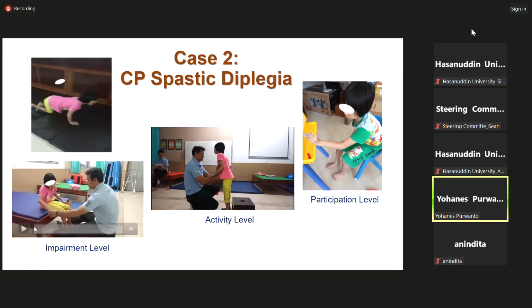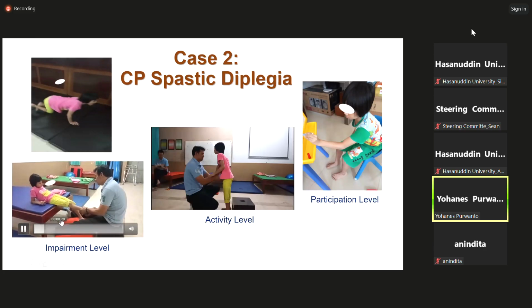We started the intervention because the most problem is in the lower extremity; she had difficulty supporting with her feet.